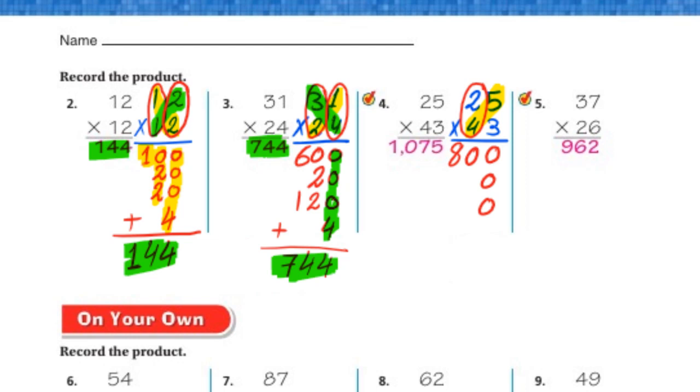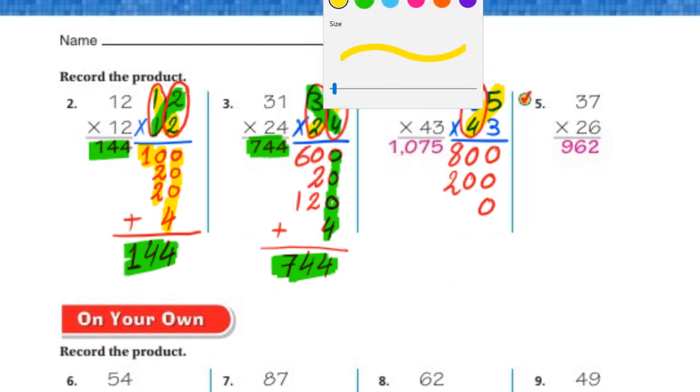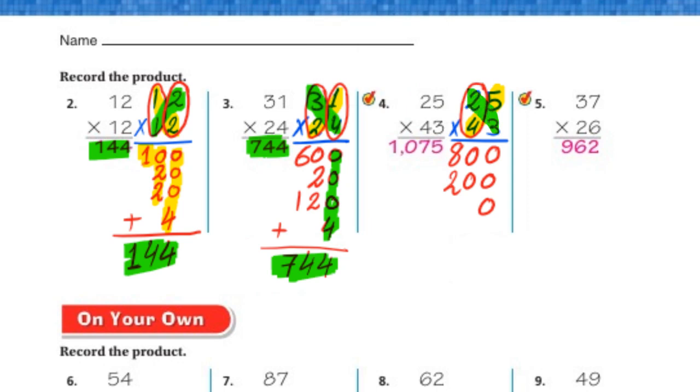Equals 20. Great. And then 3 multiplied by 2 equals 6. And the last step: start with the tens and end with the ones. So let's multiply the ones. 3 multiplied by 5 equals 15.